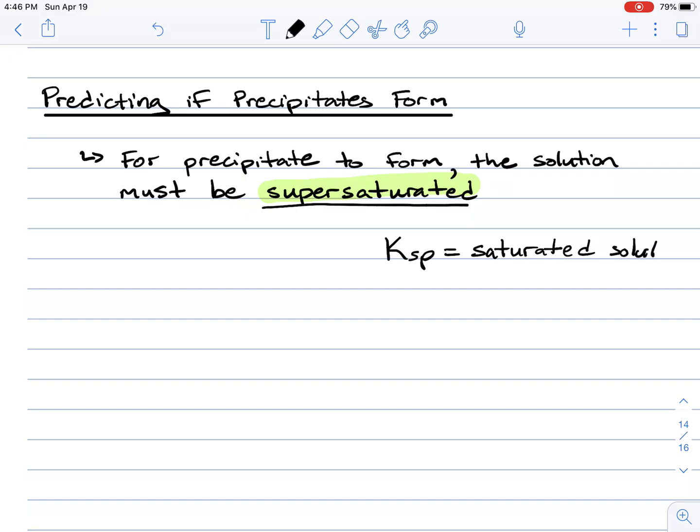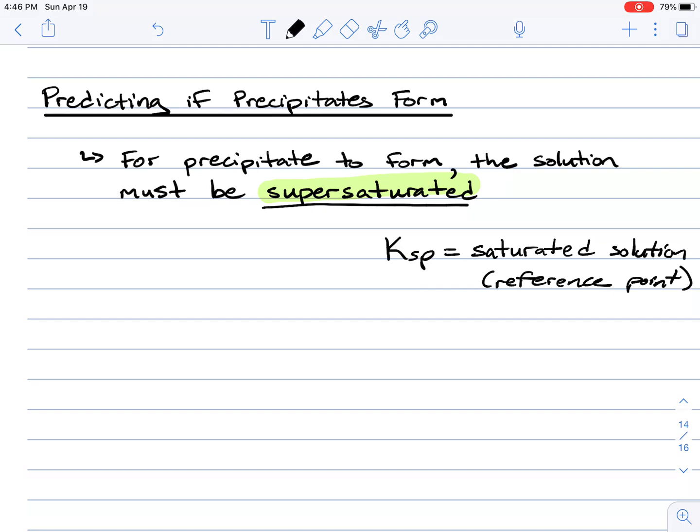So Ksp becomes our reference point to determine if a solution is saturated, supersaturated, or unsaturated.